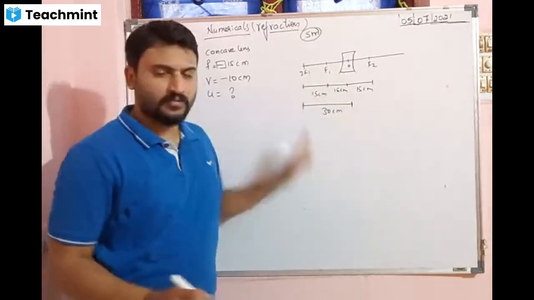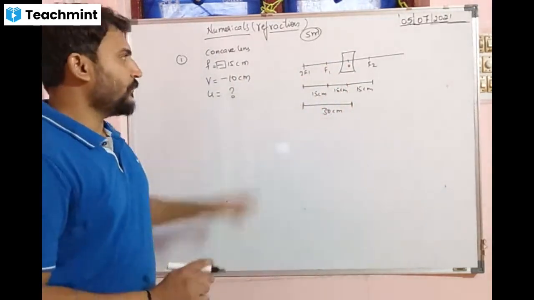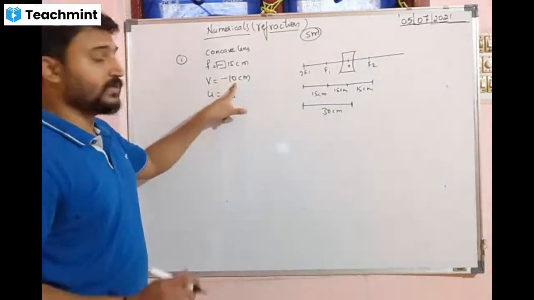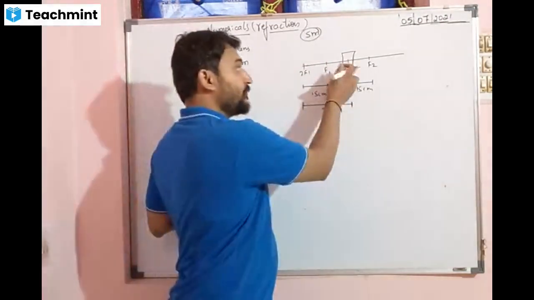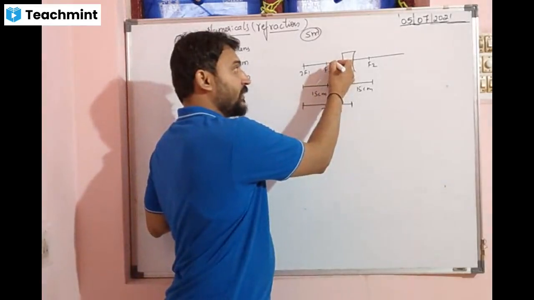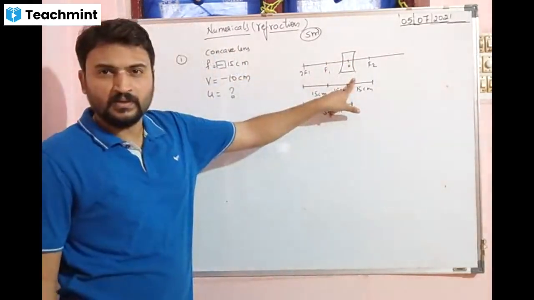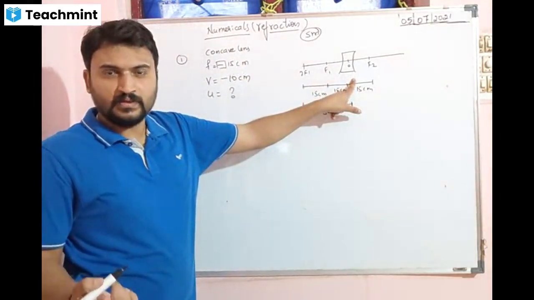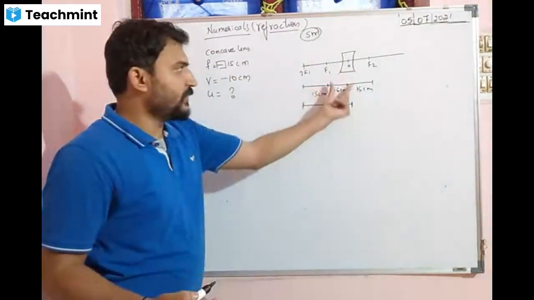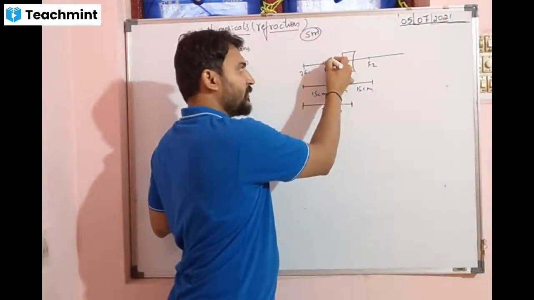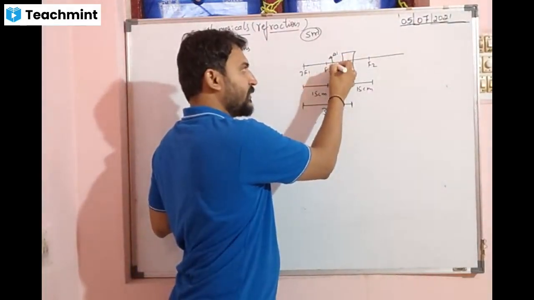2F1 means double, it will be 30 centimeters. Where should the object be placed so that I get the image at 10 centimeters? It has to be formed between these two only, no? F1 and O. Yes, sir. 10 centimeters from the optic center means it has to come somewhere here. The image has to come here, A dash B dash.